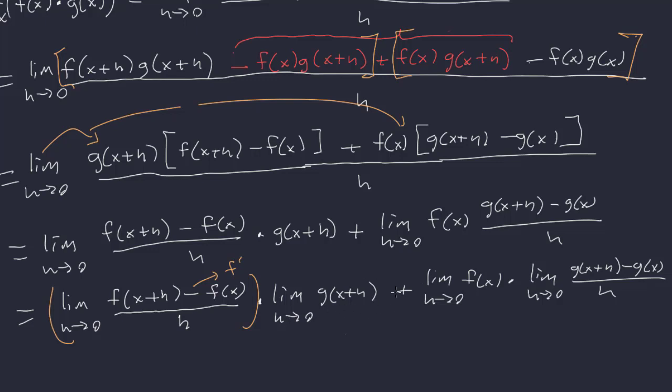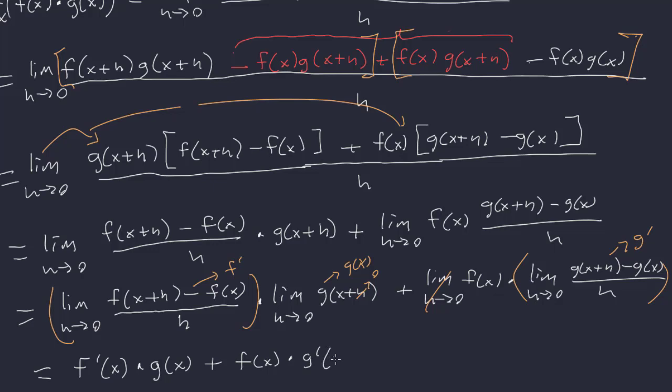This, well, there's nothing here messing with the limit. There's no division by 0 here, so we can just let that h go to 0. So this is just going to g of x. This, well, there's no h here at all, so really we could almost consider that a constant, and then this is going to g prime. So the whole thing ends up being f prime of x times g of x plus f of x times g prime of x.